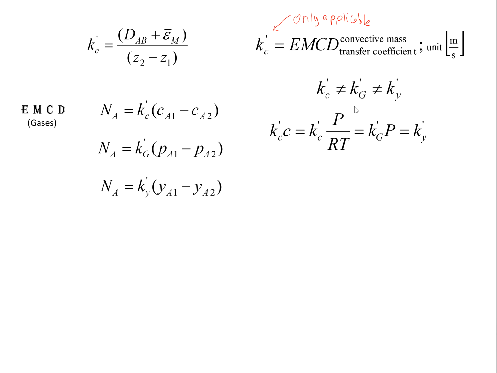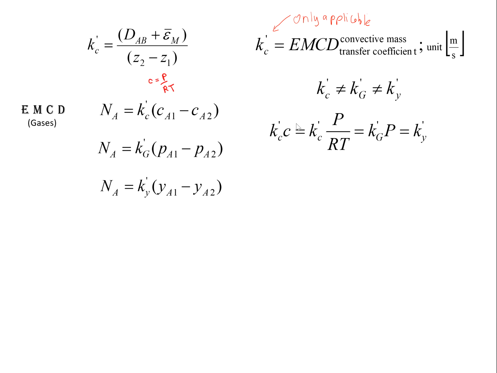For instance, if you see here, you have Kc prime C equals Ky prime. Kc prime C is actually also equal to Kc prime P over RT, because the value of C here from the ideal gas law is equal to P over RT.